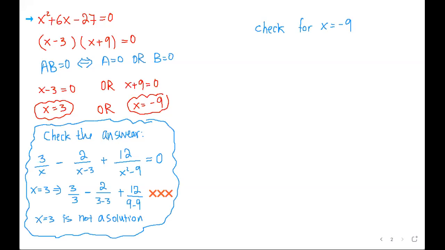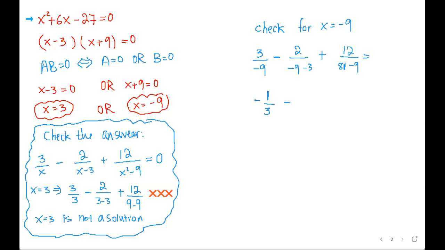So 3 over minus 9 minus 2 over minus 9 minus 3 plus 12 over minus 9 squared, which is 81, minus 9. 3 over minus 9 is minus 1 over 3, simplifying by 3.